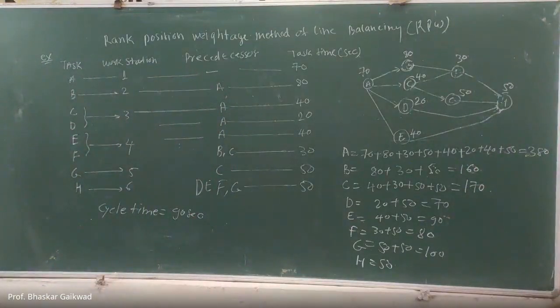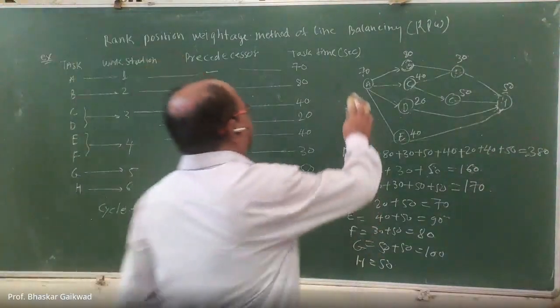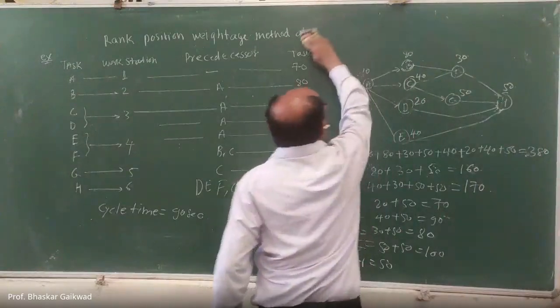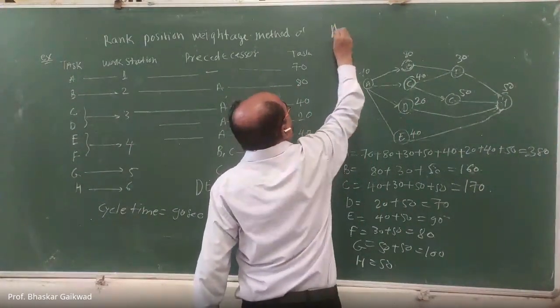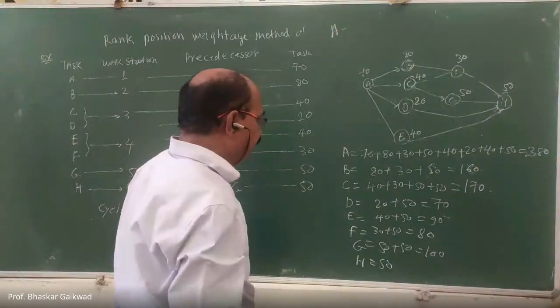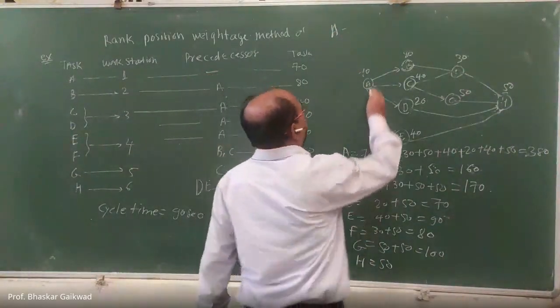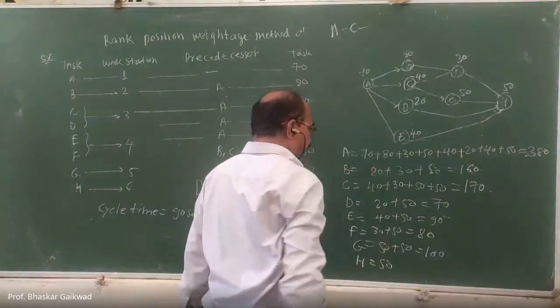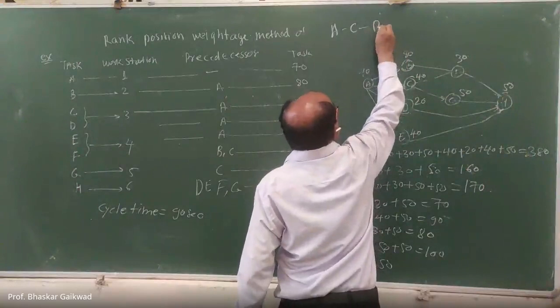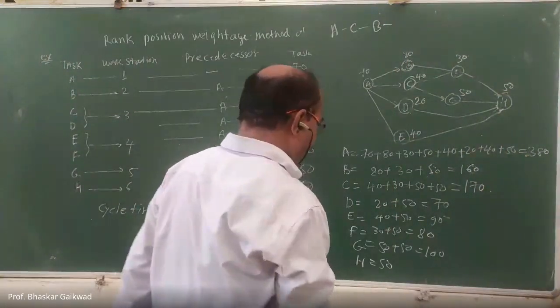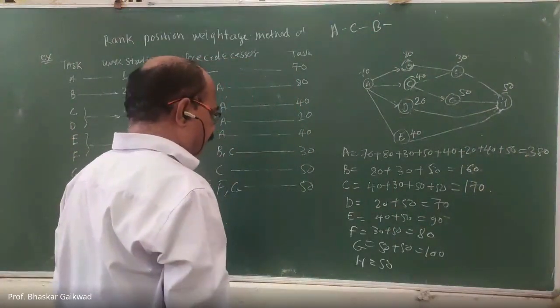Our sequence, maximum time we take for A. After that, this is the next maximum. Next maximum. After this, below 160, this is there.